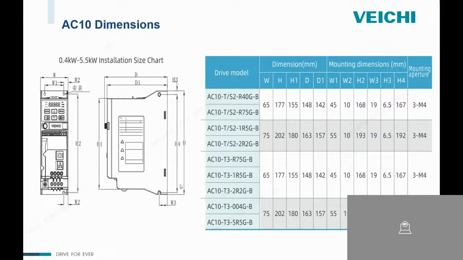Now let me introduce our AC10 series product dimension. For single phase 0.4 kilowatt to 5.5 kilowatt, here is the product dimension chart.